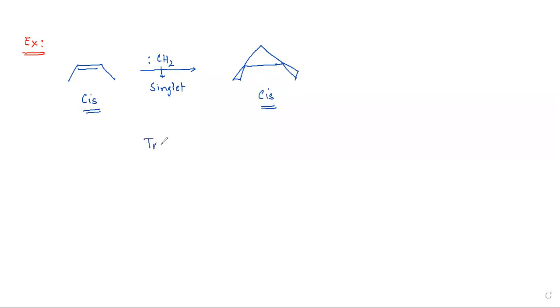See, in general, with singlet carbene, it is stereospecific. I mean, if you take a cis 1, you will end up with a cis 1 only. So in this case, it is stereospecific.